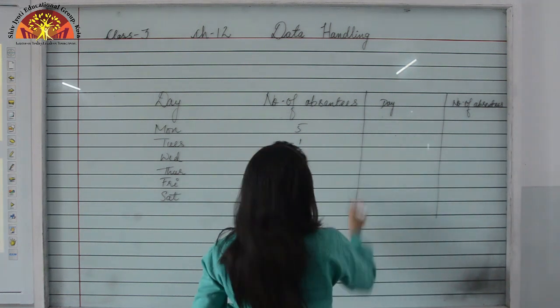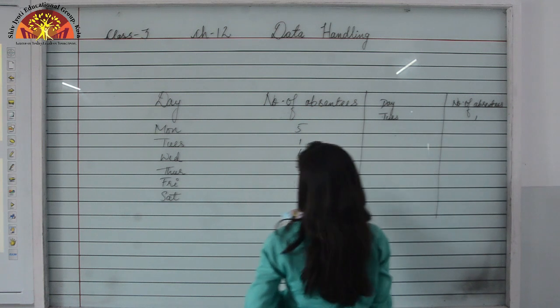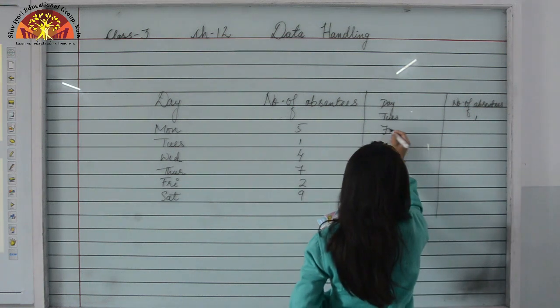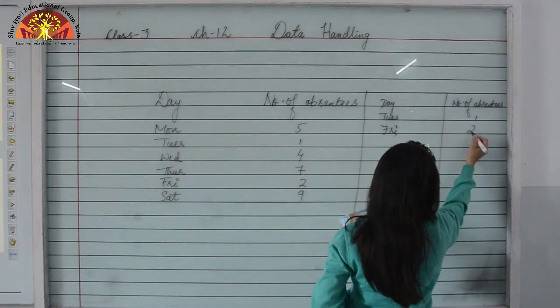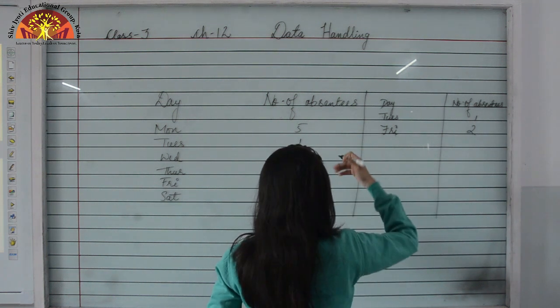That means on Tuesday, 1 student is absent. Then after that, on Friday, 2 students are absent. This I am arranging in increasing order, that means smaller to greater.